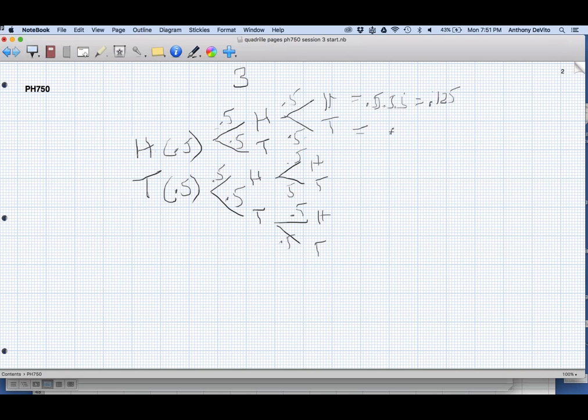Same thing, it's going to be 0.125. This is heads, heads, heads. This is heads, heads, tails. Now heads, tails, heads: 0.125. Same thing for heads, tails, tails.